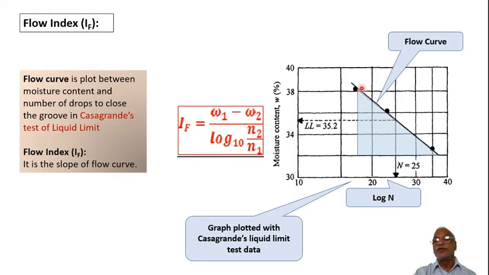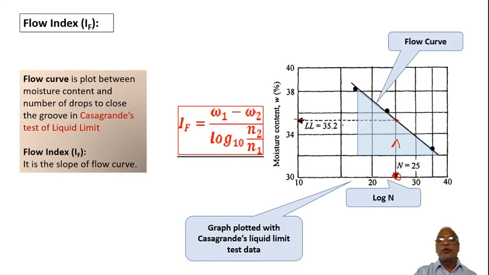We join it with a straight line to find out what is the water content. Actually, we search for the value of 25. We go up the curve that way, go to this point, and then search for the value of liquid limit, that is the water content corresponding to 25 number of blows, defined as liquid limit.